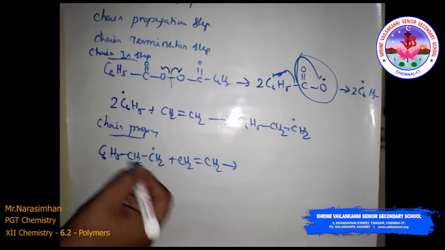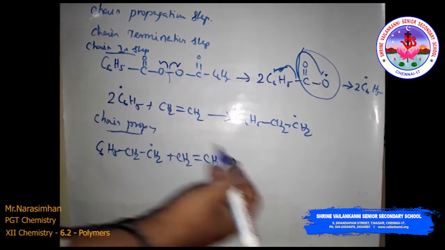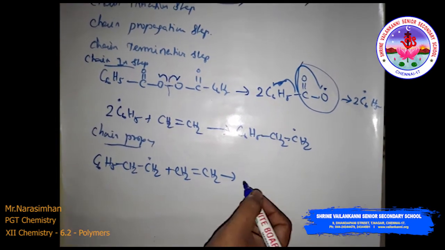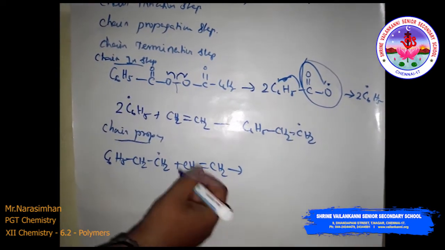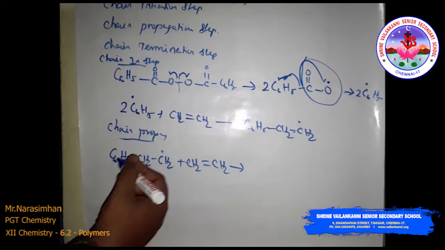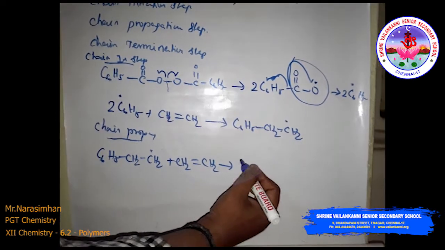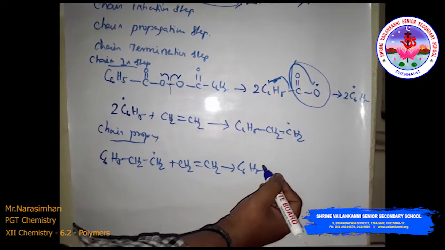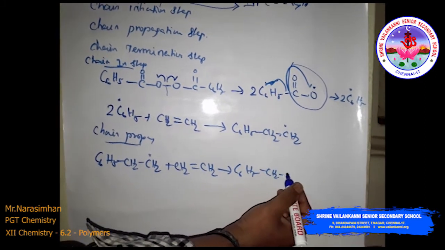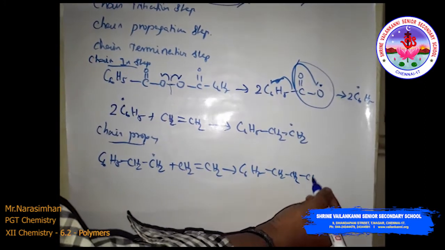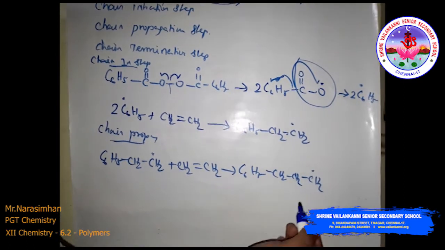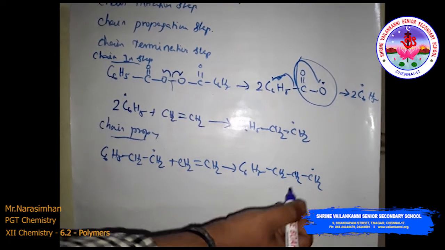This is the propagating step. It keeps on going, keeps on adding ethene molecules, so the molecule becomes larger: C6H5 CH2 CH2 CH2 radical. Again, addition of one more ethene.